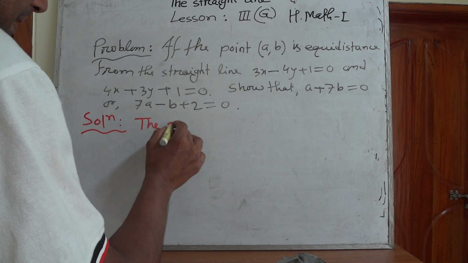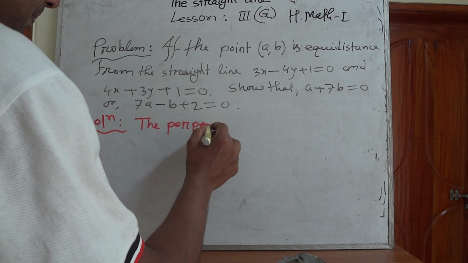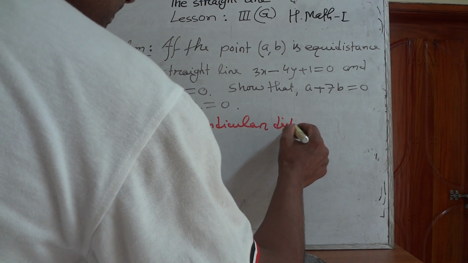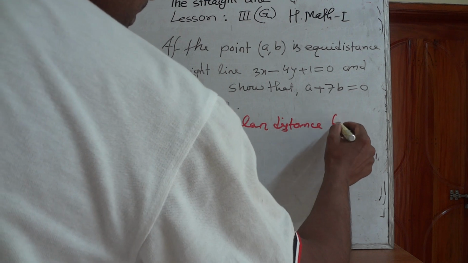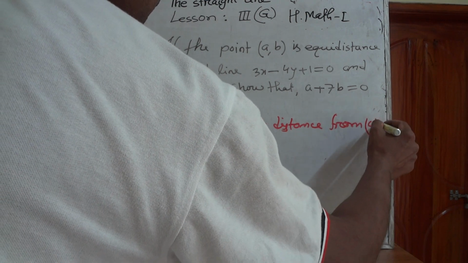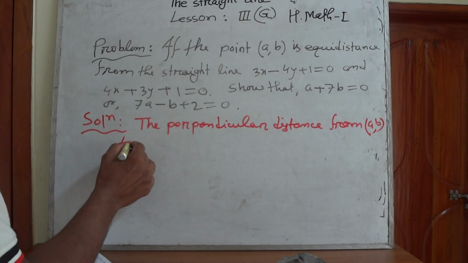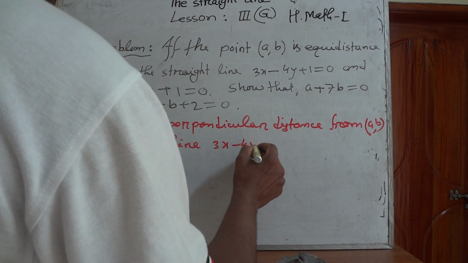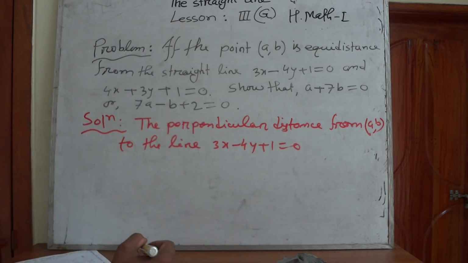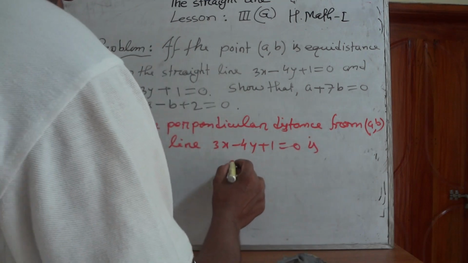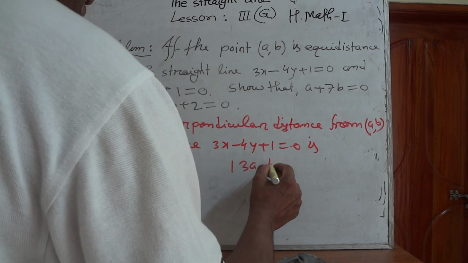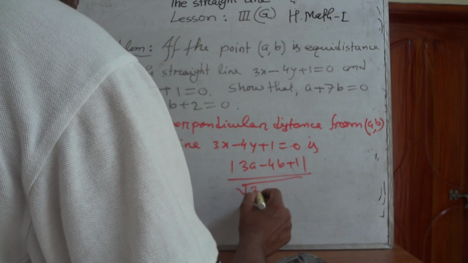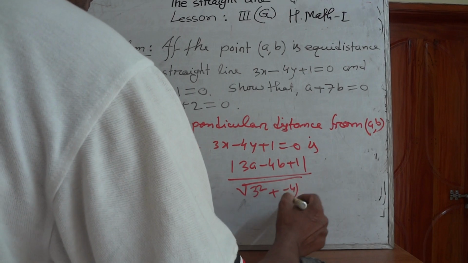The perpendicular distance from (a, b) to the line 3x minus 4y plus 1 equal to 0 is the absolute value of 3a minus 4b plus 1 divided by square root over 3 square plus (minus 4) whole square.